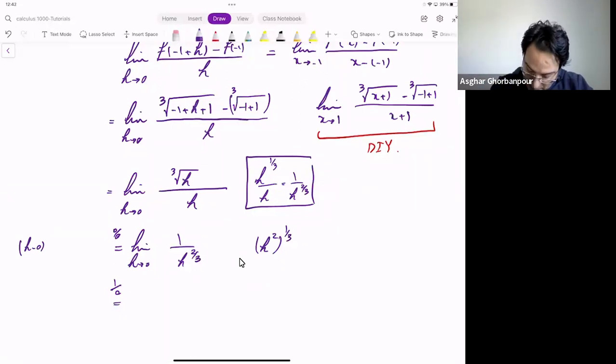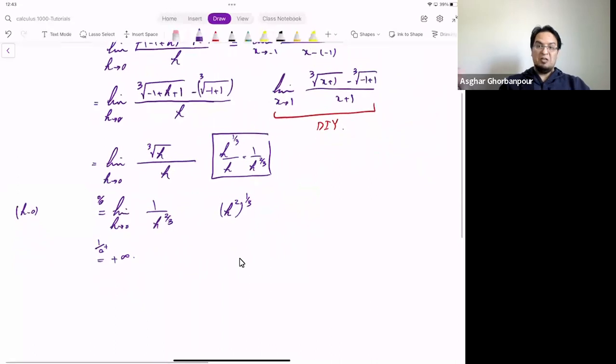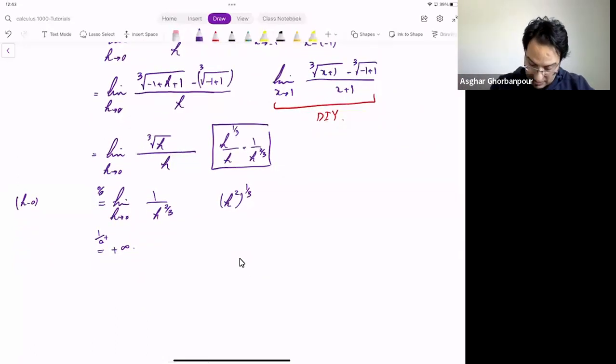So in the denominator we always have positive numbers very close to 0, and that will give us plus infinity. It is an infinite limit, so the limit does not exist.